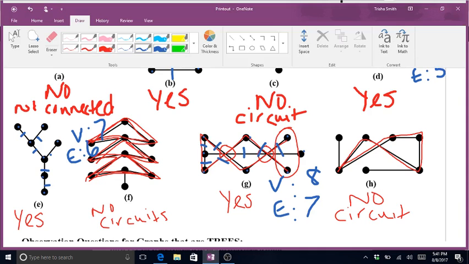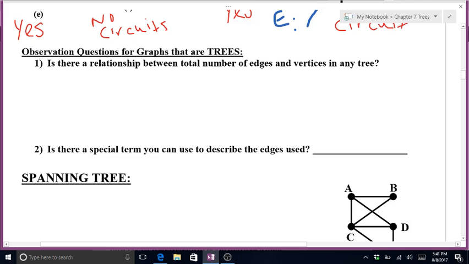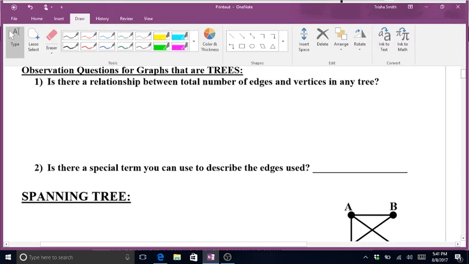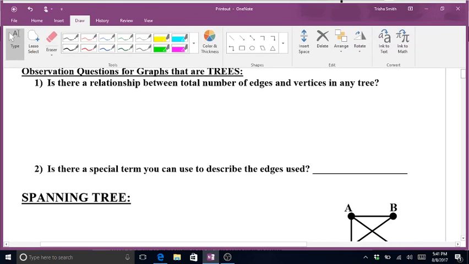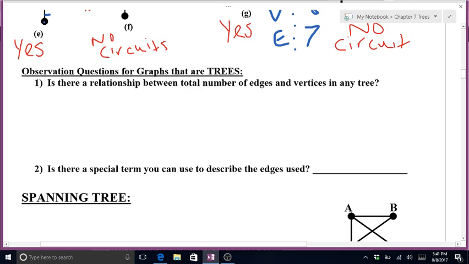Okay, so our observation that you should have come up with here: is there a relationship between the total number of edges and vertices in every tree? Absolutely. So this is a yes. There is one more vertex than edge.